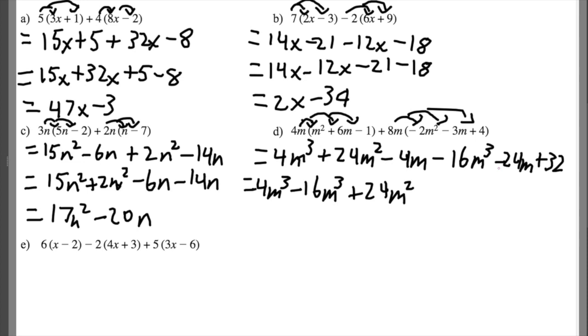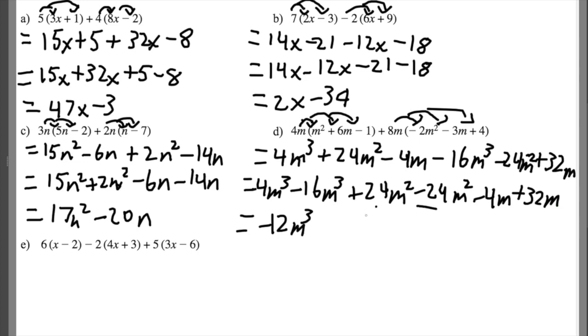So it'll be 24m squared minus 24m squared, and we have minus 4m and plus 32m. So from here, we should get negative 12m cubed. These will cancel out as 24 minus 24. And then we'll have plus 28m.